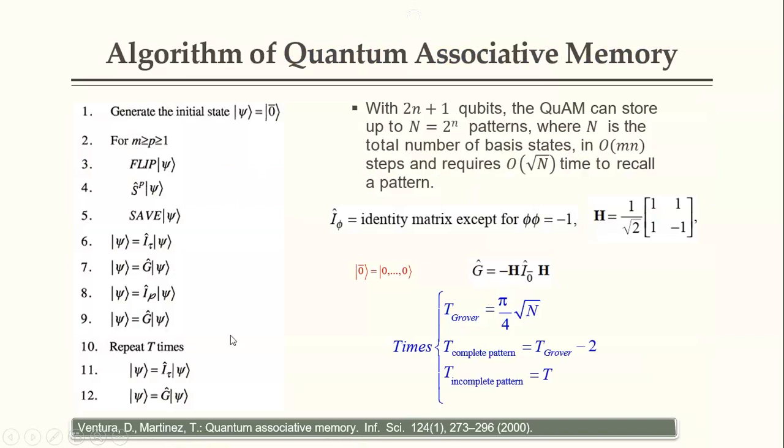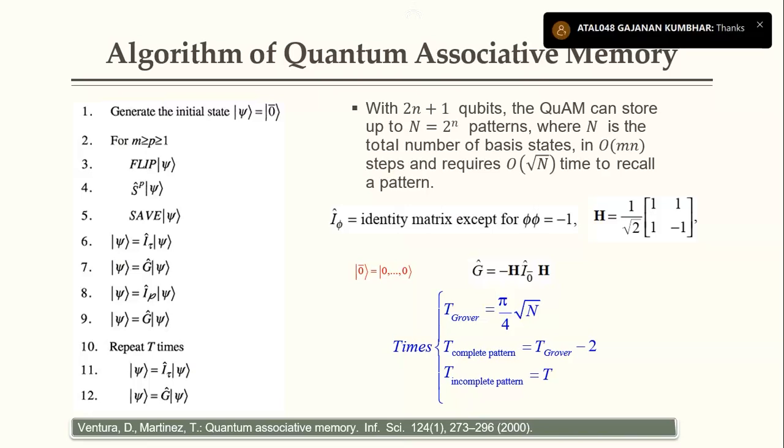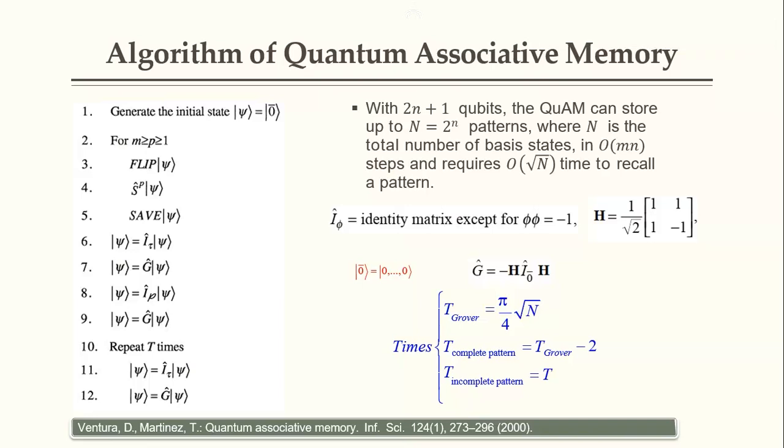With 2n plus 1 qubits, the QAM can store up to 2 power n patterns, where n is the total number of basis states, and requires O of root N time to recall a pattern. Now I will explain this algorithm.